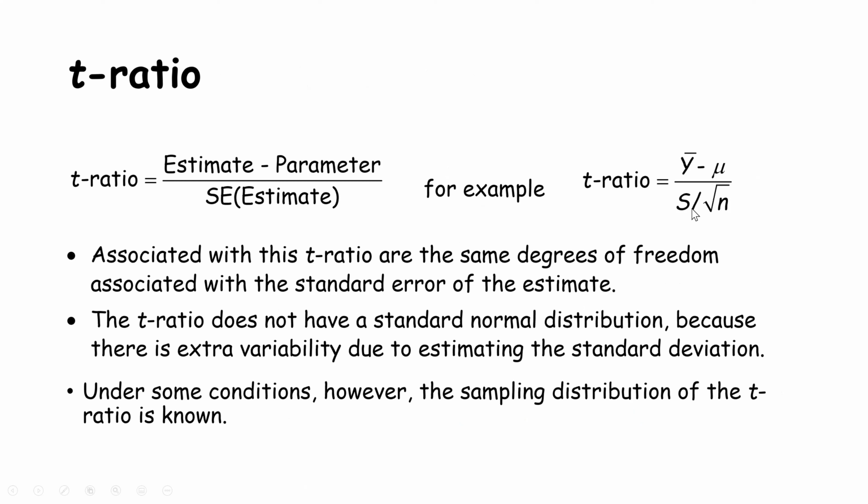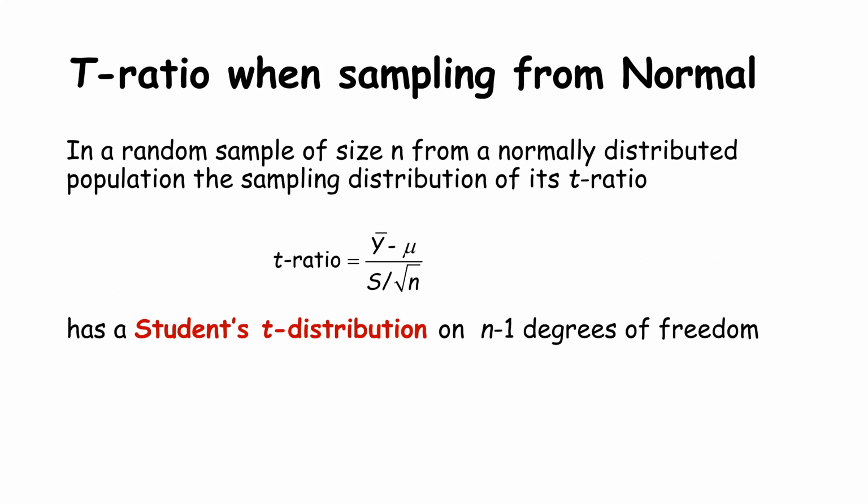So I didn't know sigma, I replace it by S and I get the T ratio. There are degrees of freedom associated here because they are the degrees of freedom of the standard error, which is N minus 1.